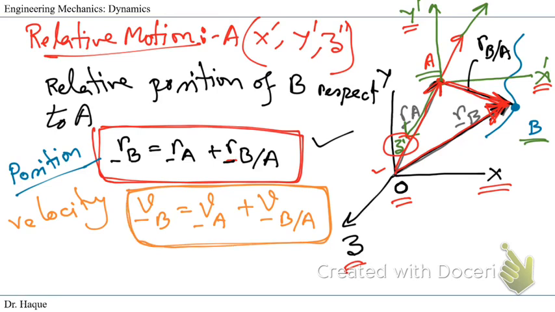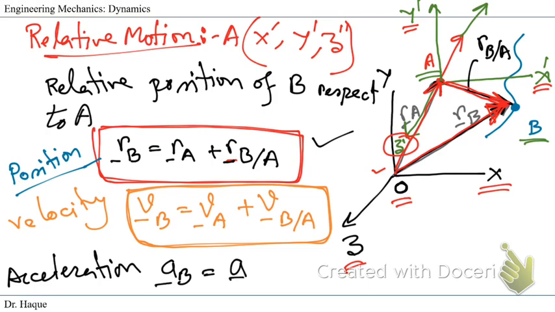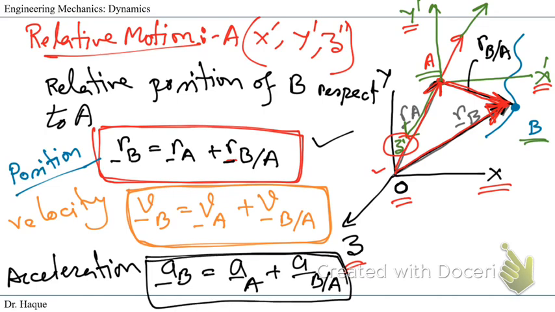Similarly we can have our acceleration equation: acceleration of B equals the vector acceleration of A plus the acceleration of B with respect to A. These equations are simple for relative motion. We have to realize the concept.